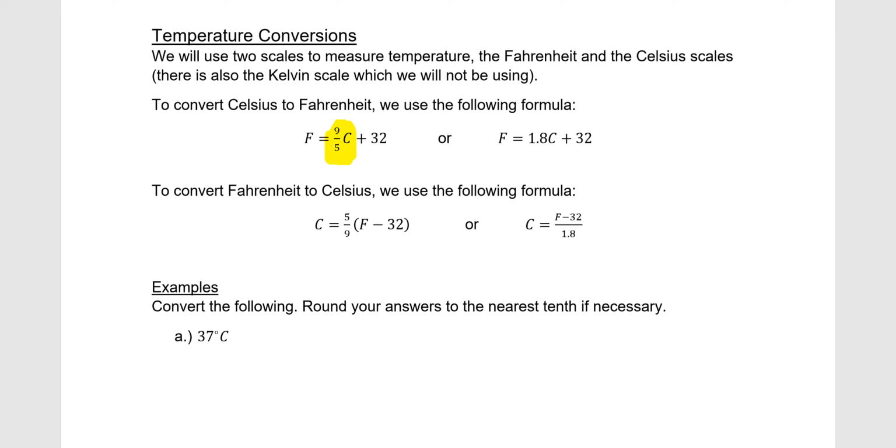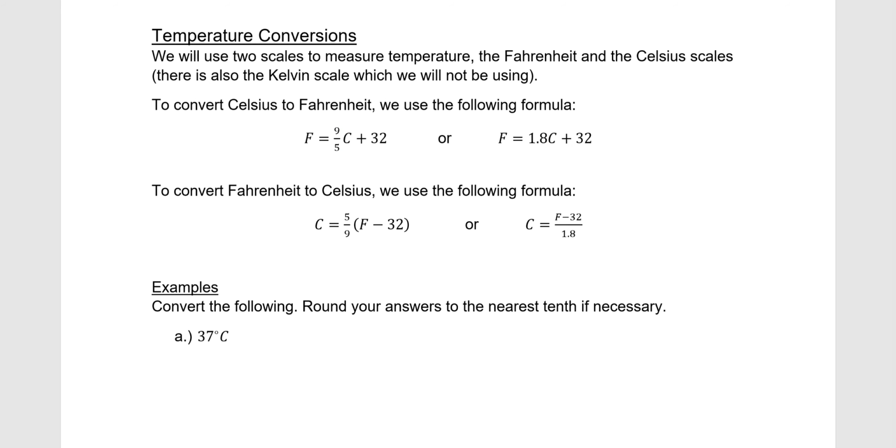Right here, whenever you have something written next to something without any operation sign, it's multiplication. If you didn't want to use 9/5, you could use the decimal form, which is 1.8. So Fahrenheit equals 1.8 Celsius plus 32. If we're going from Fahrenheit to Celsius, all we would have to do is solve for C, which we won't be doing, but that's just a little algebra.